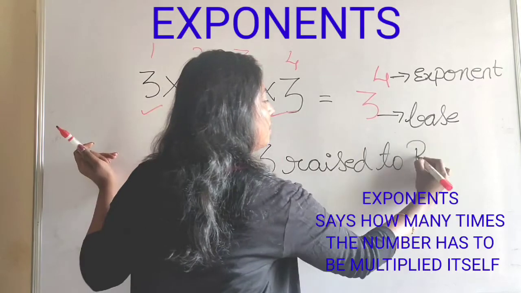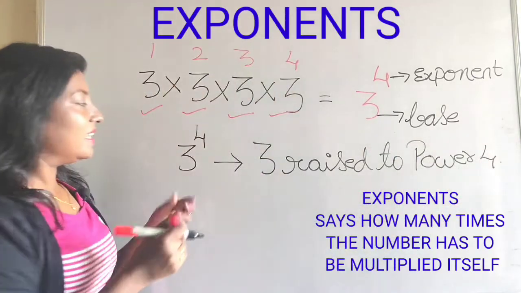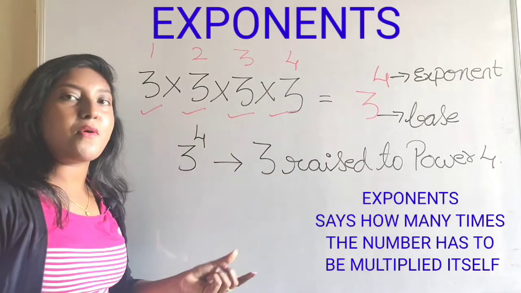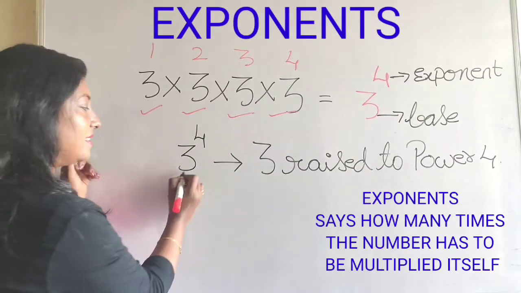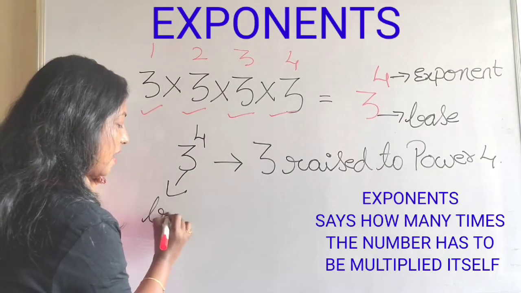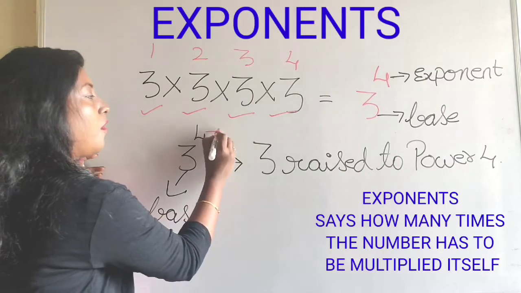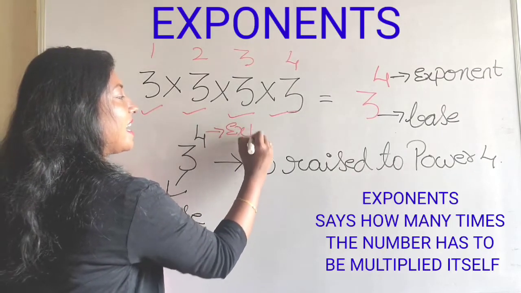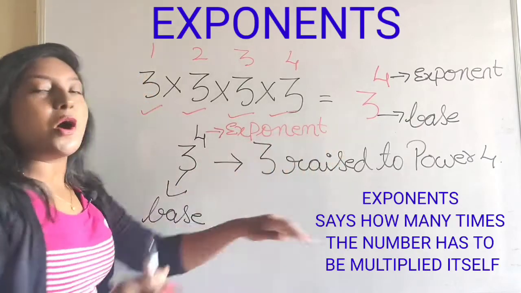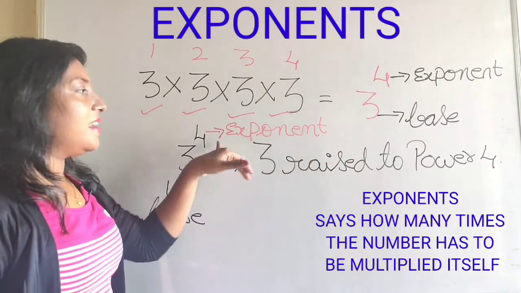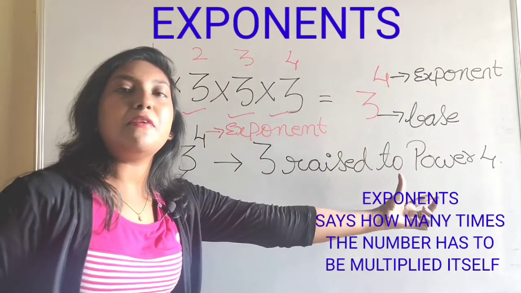And what do we call 3? 3 we call as base. And we know that 4 we call as exponent. And how do we read this? 3 raised to the power 4.